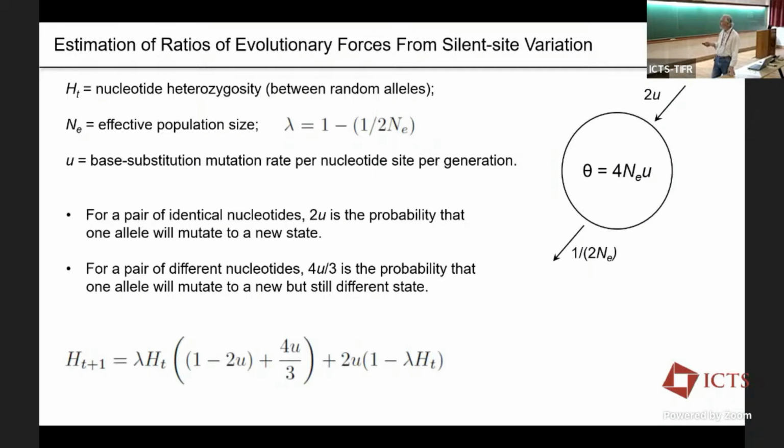And then you can write down a recursion equation for the heterozygosity in the population. And you can solve this by setting the heterozygosity at time t plus 1 to that at time t. And that's the equilibrium level of heterozygosity in the population. The point at which the input of new variation by mutation is balanced by the output by random genetic drift.